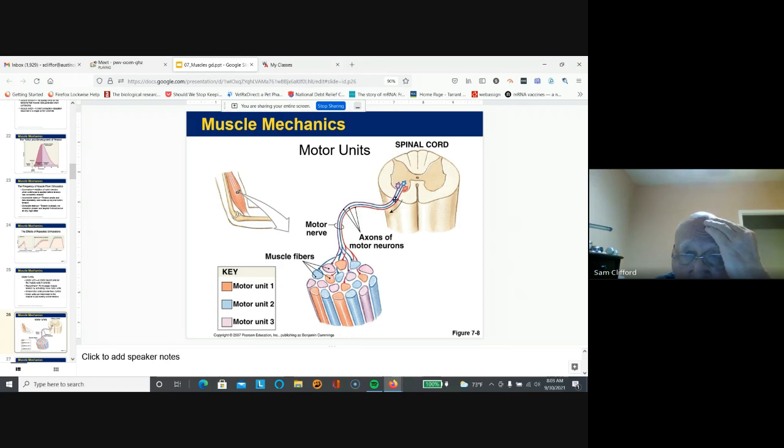When these nerves all fire in this muscle, you will have tension in all of these muscle fibers. They would be shortening their sarcomeres and causing the muscle to contract. And the more motor units are recruited, the stronger the contraction of the muscle.